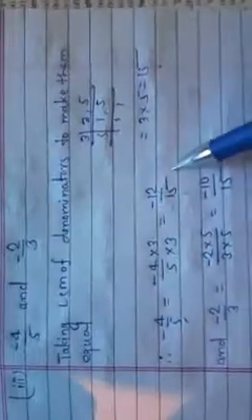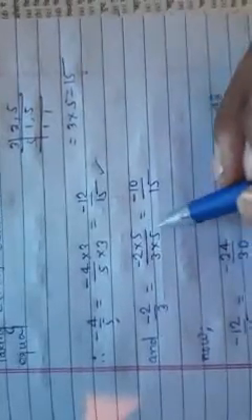So making the denominators 15: -4 upon 5, how can we make it 15? Multiplying by 3. Multiplying numerator and denominator both by 3, we find this rational number -12 upon 15, and multiplying -2 upon 3 by 5, we find the equivalent rational number of -2 upon 3 as -10 upon 15.